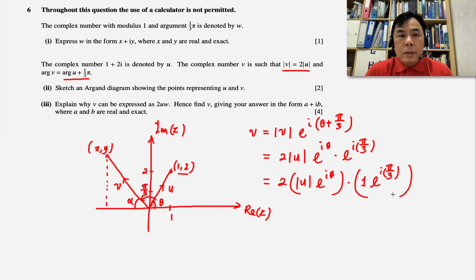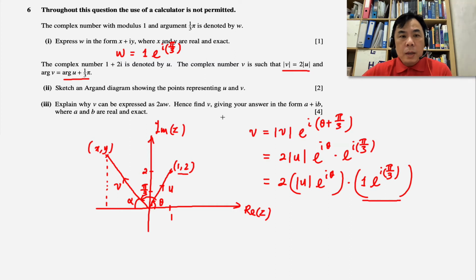Just as a bit of reminder, from question 1, we have worked out the complex number w. The original form for complex number w in Euler form is 1, because it has a modulus, or magnitude, of 1, times exponential of i pi over 3. That was given in the first section. If you compare that with this, it looks exactly like the complex number w.